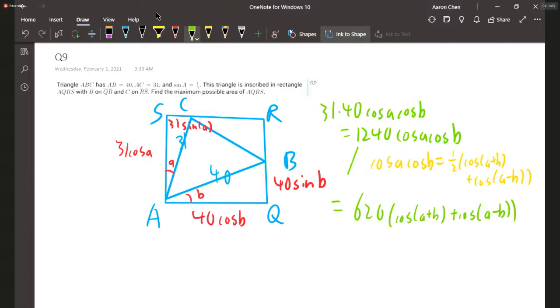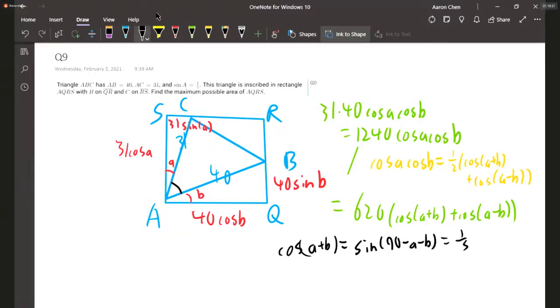And so cosine of A plus B equals sine of 90 minus A minus B. And here, sine of 90 minus A minus B is angle A. And in the problem statement, you're given that sine of A is 1/5.